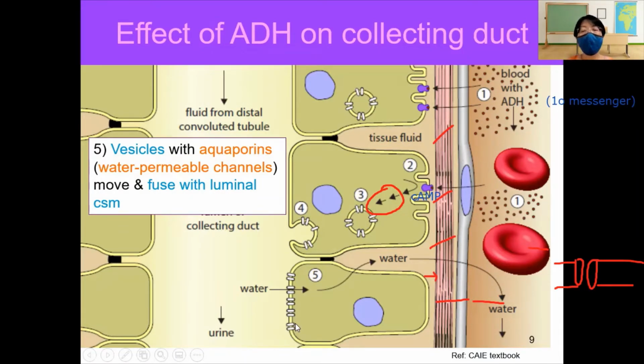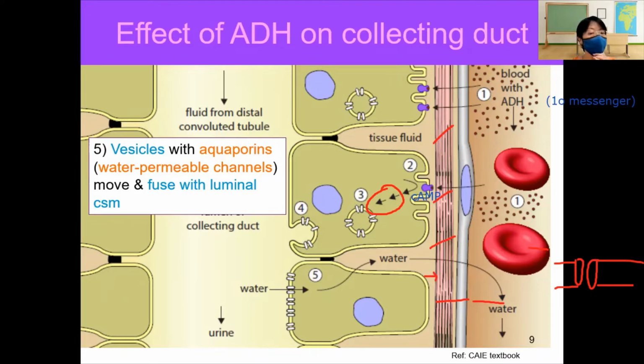So now the water will move out of the DCT and collecting duct, from the lumen through the membrane, through the DCT and collecting duct cell, into the tissue fluid, and from tissue fluid in the medulla goes into the blood. The blood is either in peritubular capillary or vasa recta, depending whether it's DCT or collecting duct, correct?